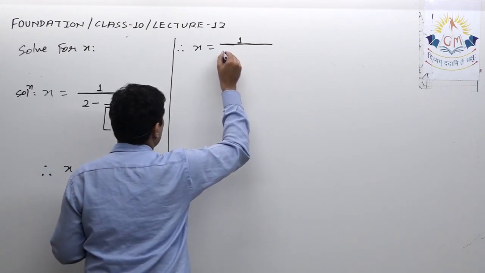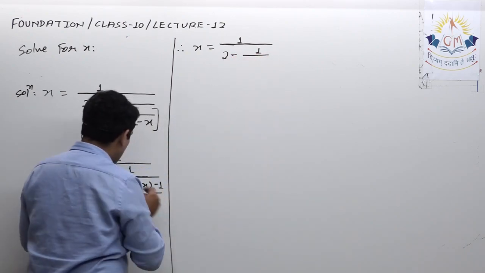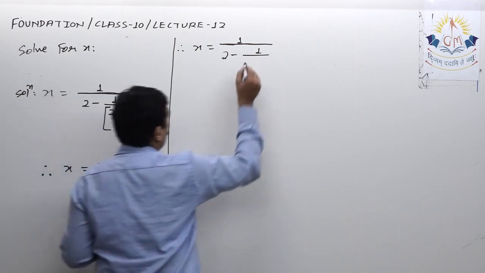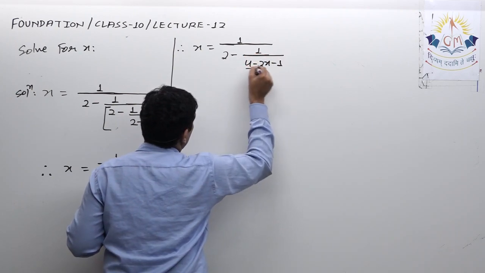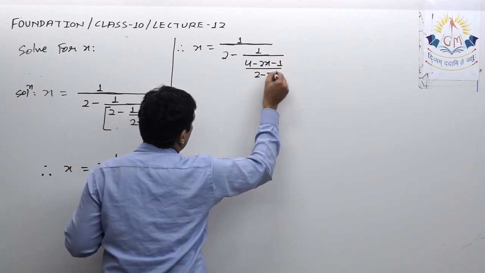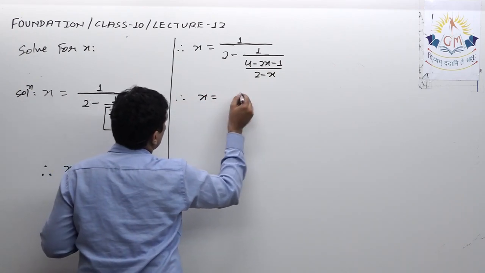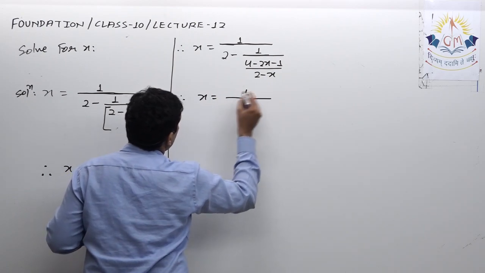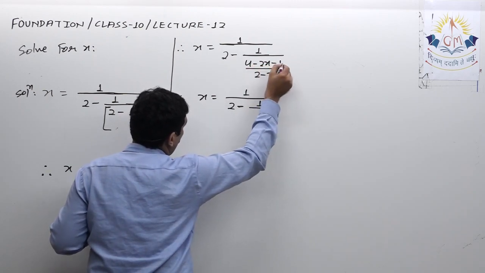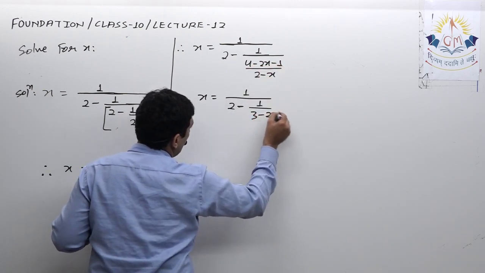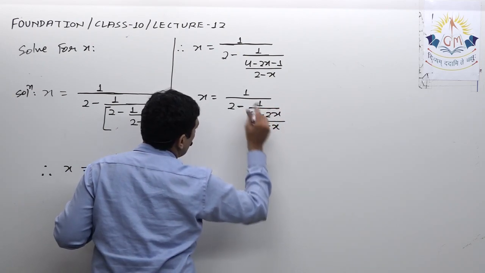So 1 upon 2 minus 1 upon, now this is 4 minus 2x minus 1 upon 2 minus x. Therefore x is equal to 1 upon 2 minus 1 upon, now 4 minus 2x, so 4 minus 1 is 3, 3 minus 2x upon 2 minus x.